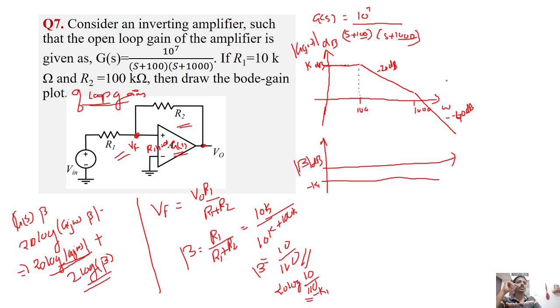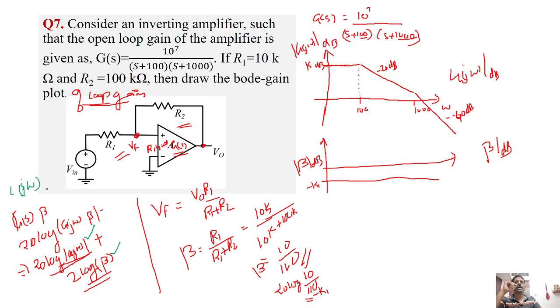So we have plotted G of j omega in dB, that is 20 log of G of j omega. I have also plotted beta in dB, that is what these two values, 1 and 2, represent. So what is the new loop gain, L of s or L of j omega?